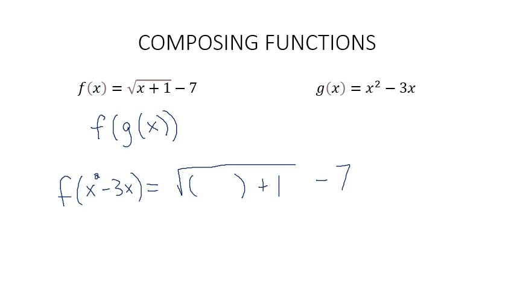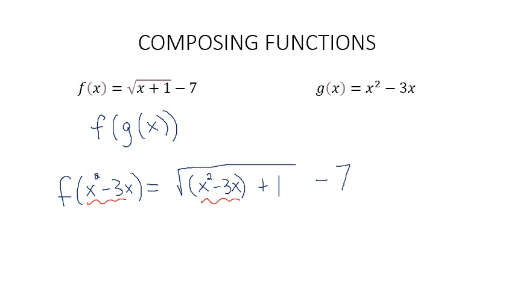So this is where we're going to replace this x with this expression. It's going to go inside here. x squared minus 3x plus 1. Instead of replacing a nice handy number, I have to put this entire x squared minus 3x in there.